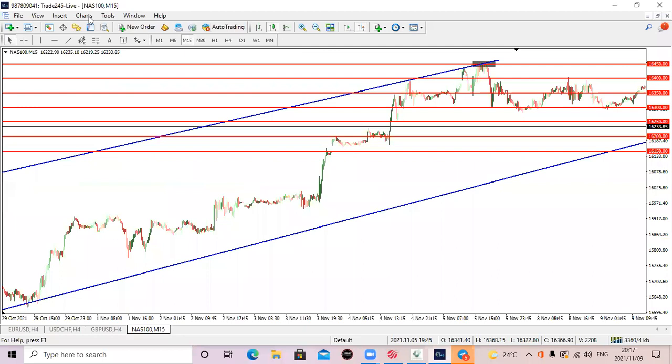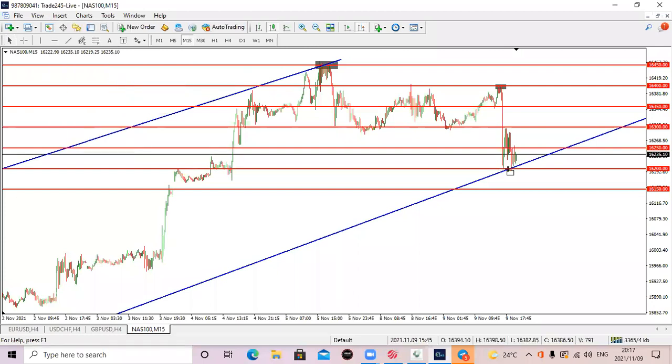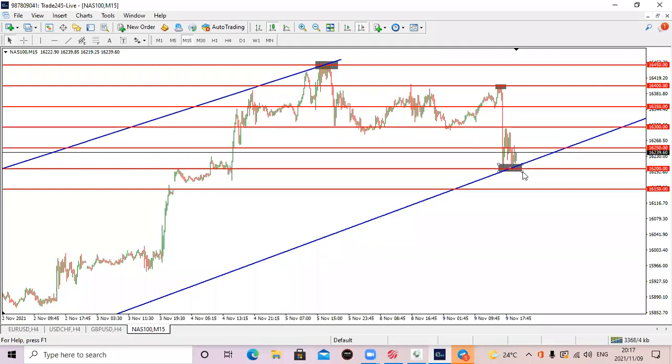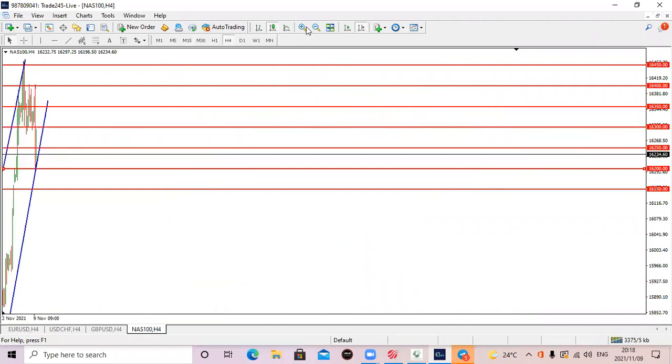On the structure, if you look at that, there is a possibility for Nasdaq to go all the way up, because we're rejecting that LP and we have rejection candlesticks, rejecting on top of the structure. That's our today's low. So this is today's low, this is today's high, and thereafter we had the high where it completes our structure. When you go to the 4 hour, you'll be able to see what I'm talking about.